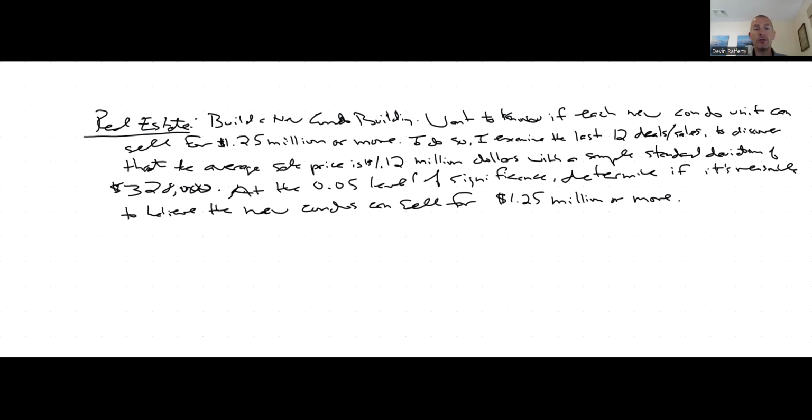Step one, state the null and the alternative hypothesis. What do I want to know? I want to know if I can build a new condo and if I can sell each unit for 1.25 or more. So the null hypothesis: what am I trying to figure out? I want to know if the average sale price will be greater than or equal to $1,250,000 or more.